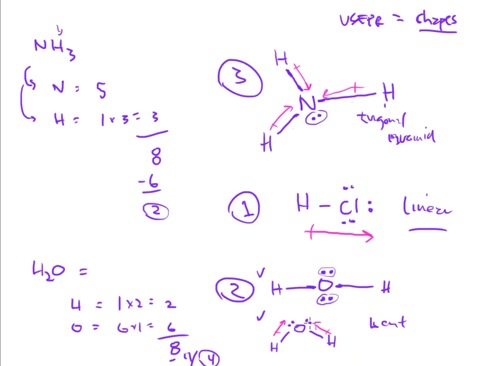Number 2, well, this one is a little bit different because there's more than one bond. Each one of these, look at this, points in the same direction, right? So the overall polarity here is a yes. We do have overall polarity, and it points toward the center. And if you look at the way that I've drawn this, this points slightly up and this points slightly up. So I can show the whole thing as an overall polarity that basically goes up.